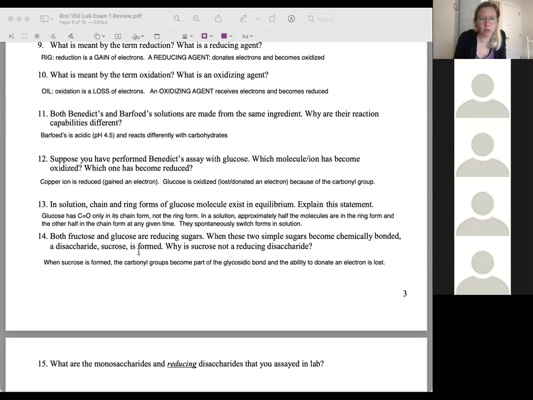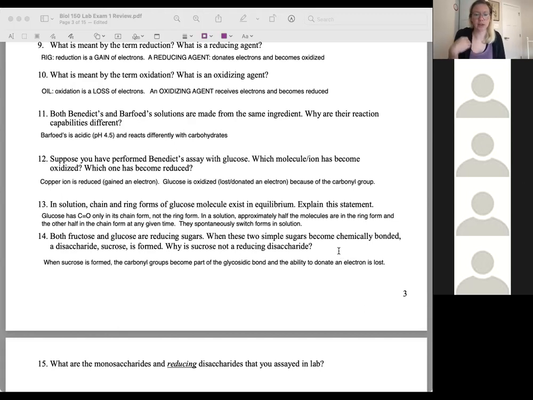It says the Benedict's reagent has copper hydroxide. When mixed with a solution containing a reducing sugar and heated, the copper ion is reduced from cupric to cuprous form. Then the copper bonds with oxygen to form cuprous oxide, which is red and forms the precipitate that you see as a positive reaction. So that's where the cupric or cuprous copper ion comes from.